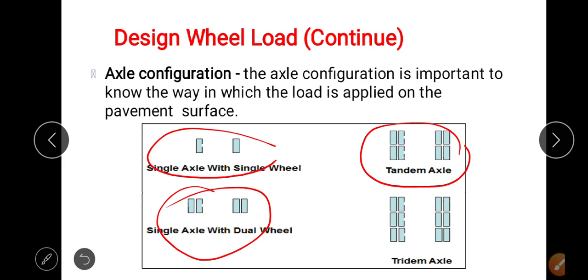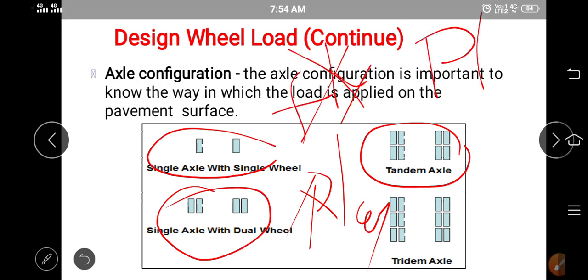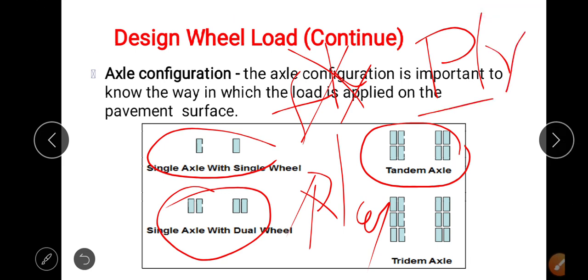And tridem axles are also invariably being used on roads. They are coming to ply on roads. Ply, P-L-Y, not P-L-A-Y, not F-L-Y. It is absolutely ply. Ply means coming onto the road. That is the technical word in highway engineering or transportation engineering.